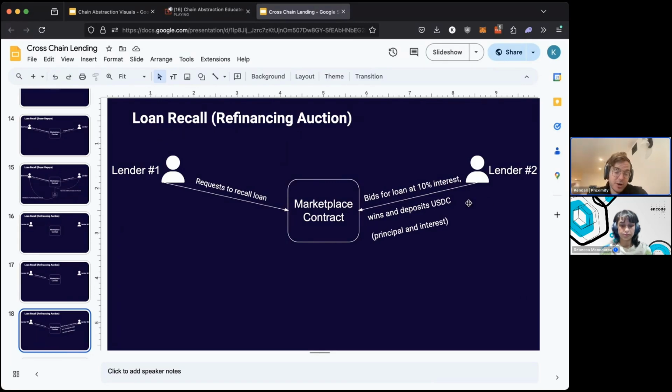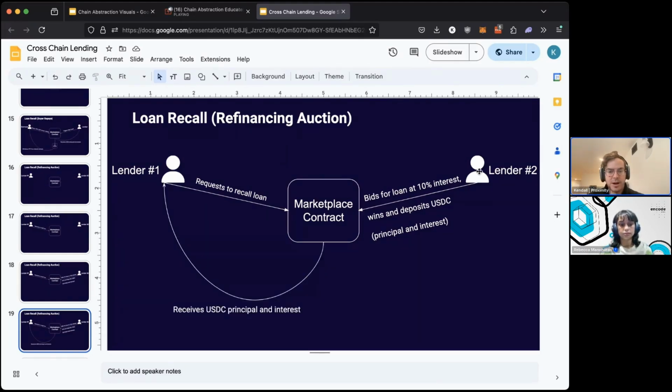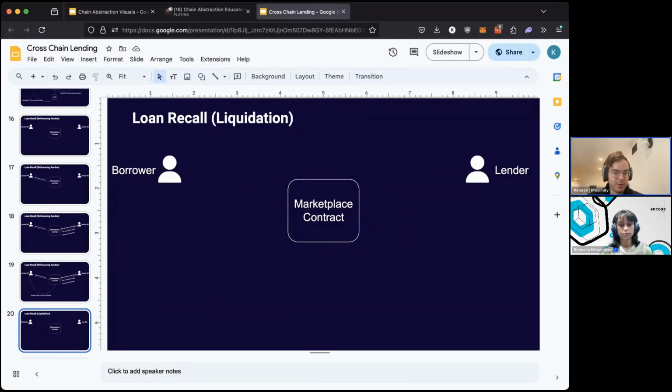You'd probably imagine the interest rate to go up, but it's possible for it to go down. Whoever bids the lowest amount will ultimately take over the loan. They'll have to pay back the original lender the principal amount plus the interest, so that the lender gets all the liquidity back and gets compensated appropriately. And then this lender will become the new owner of the loan. So that's a happy path, where everything works out fine.